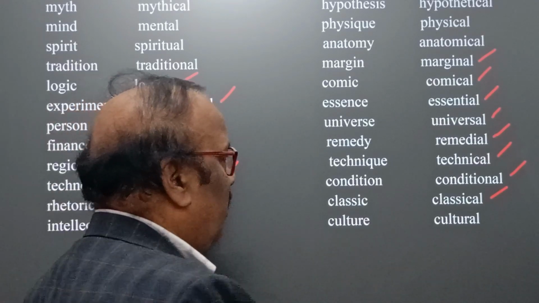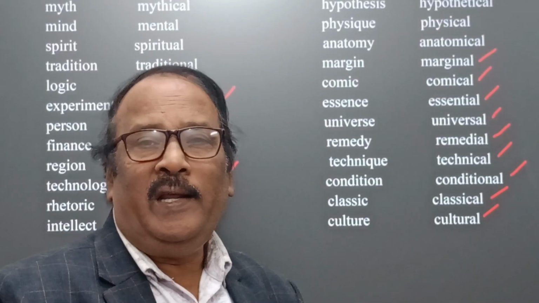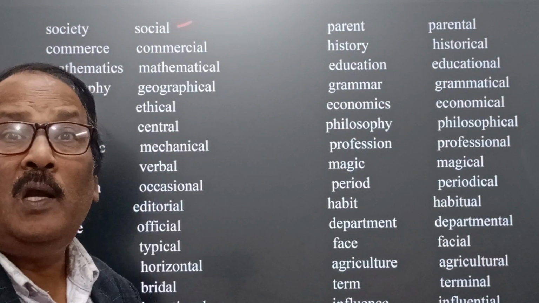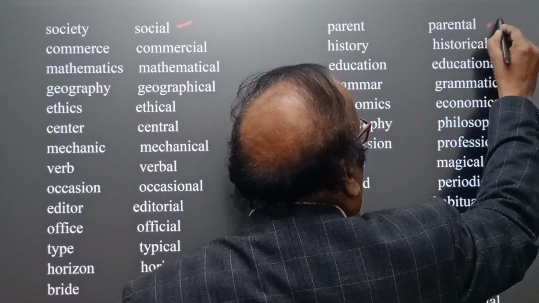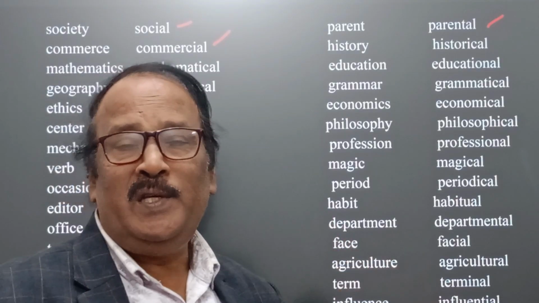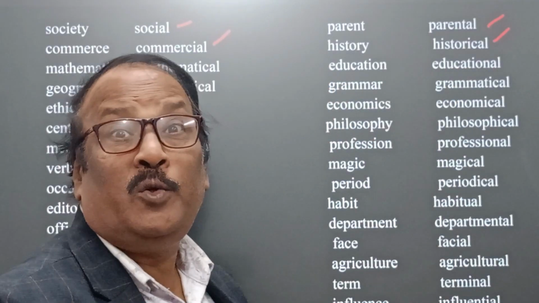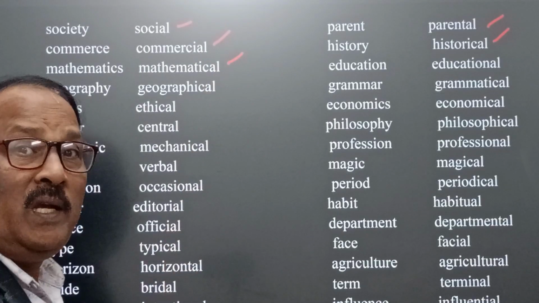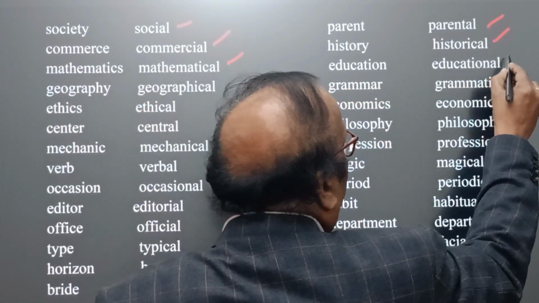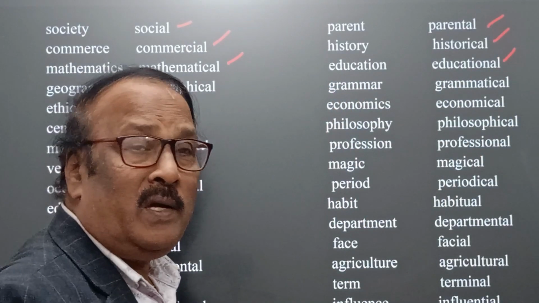Intellectual person. Cultural development, cultural heritage. Society, social issues, social development. Parental care. Commercial relationship. History, historical event, mathematical problem, mathematical solution. Educational development, which is a very necessary key factor for success in every field of activity.